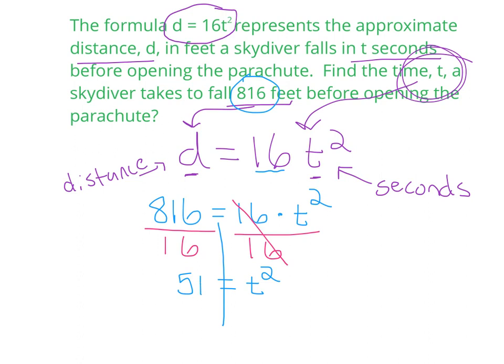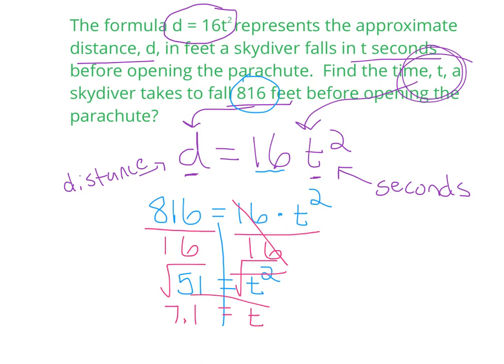So what number squared gives me 51? Well, I'm not sure, so let's solve it. I would have to square root to undo and get my variable by itself. Whatever I do to one side, I do to the other. So the square root of 51 is going to give me a decimal, and it's about 7.1.